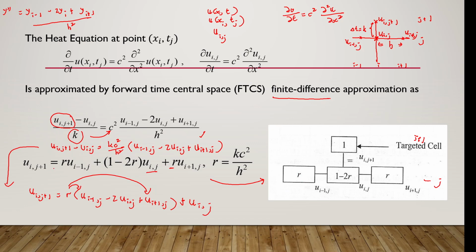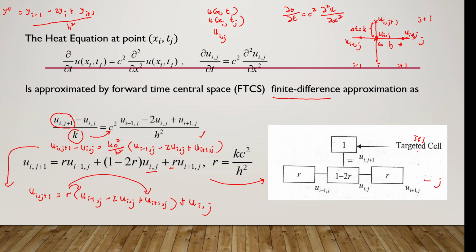For the left cell, the coefficient is r times u_i-1,j. For the center bottom cell, the coefficient is 1 minus 2r times u_ij. For the right bottom cell, the coefficient is r times u_i+1,j.